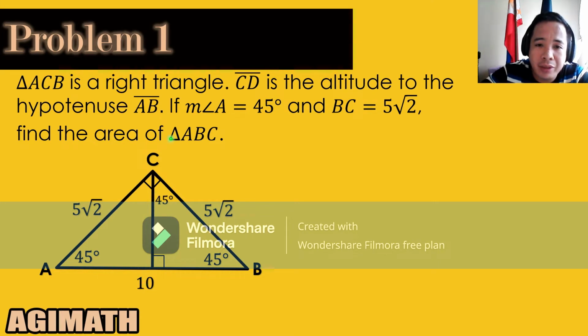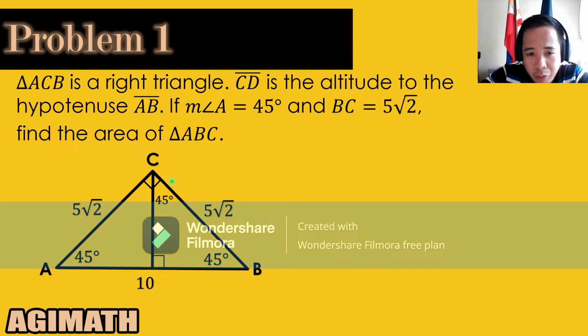By definition, when we say altitude, that is a line perpendicular from the vertex to the opposite side. So line segment CD is perpendicular to AB. That's why we are forming a right angle. Earlier, we know that the measure of angle B is equal to 45 degrees.